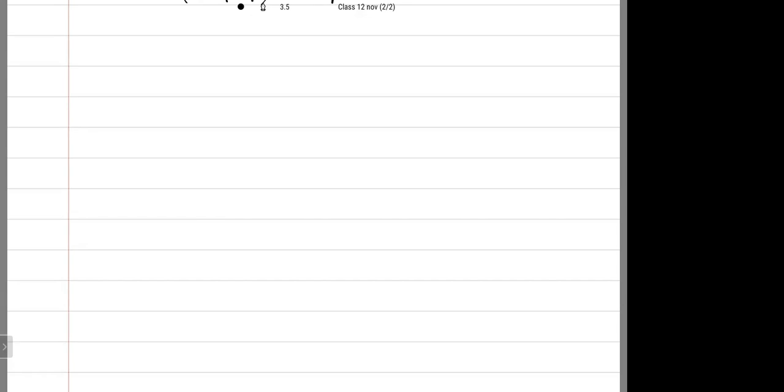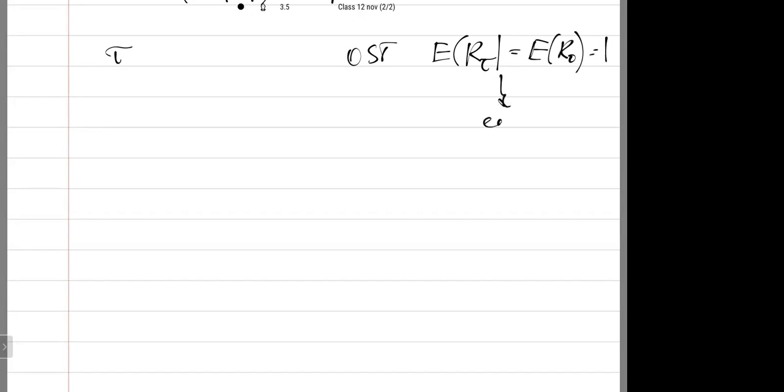But the problem with this martingale is that it has nothing to do with tau. We may apply the optional stopping theorem and say the expected value of R_tau is the expected value of R0, which is 1. It will provide some equation, but this will not be an equation on tau.